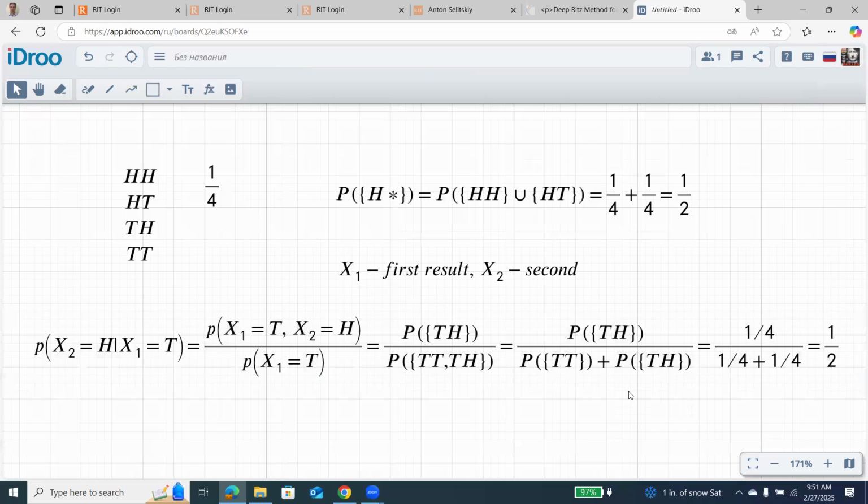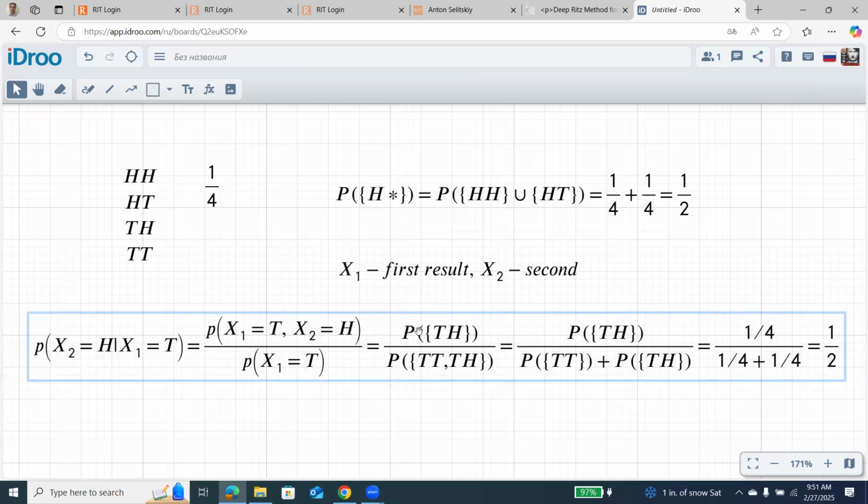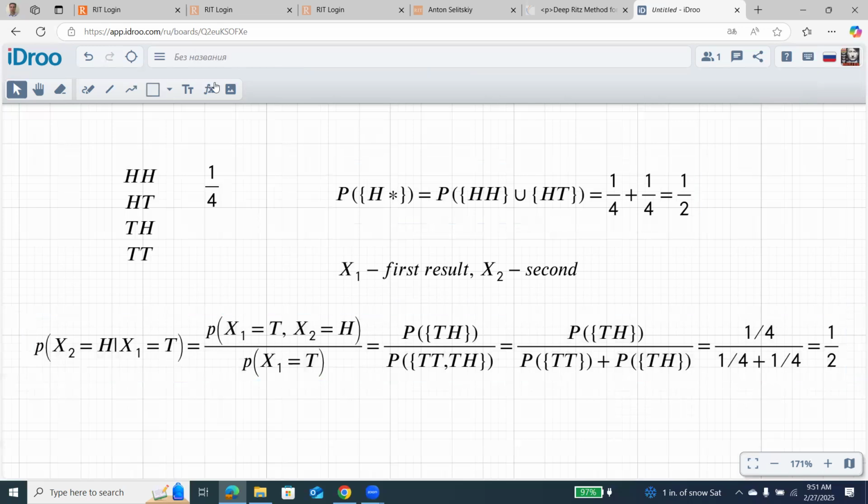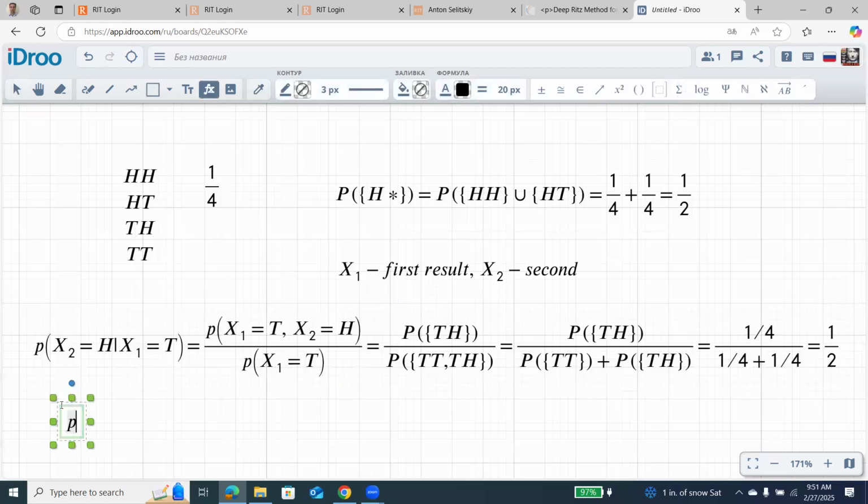Okay, so now let's go to our classification problem. In case of classification problem, we have a target y and features x, and we want to calculate the probability that our target, let's say, equals 1 given features x. So we will now make use of this formula for classification task.